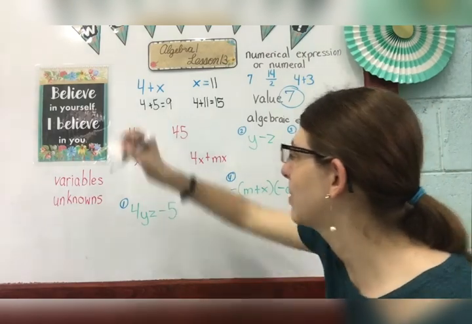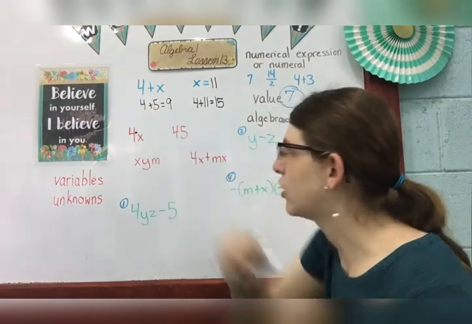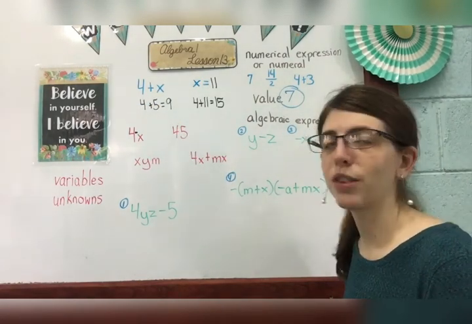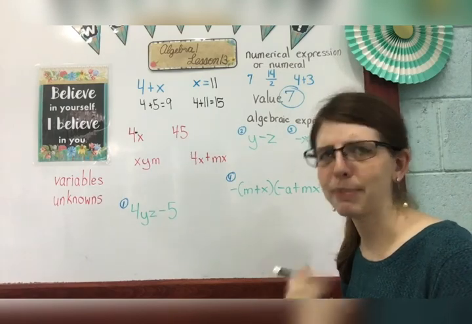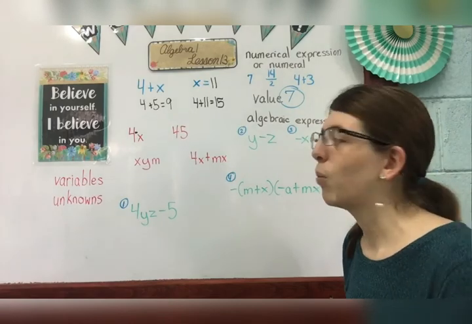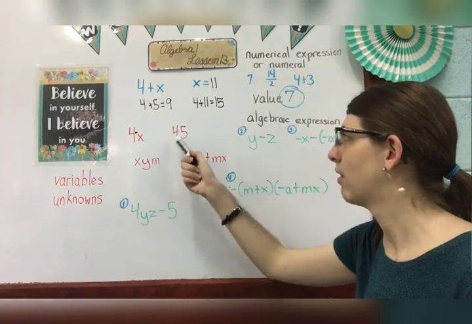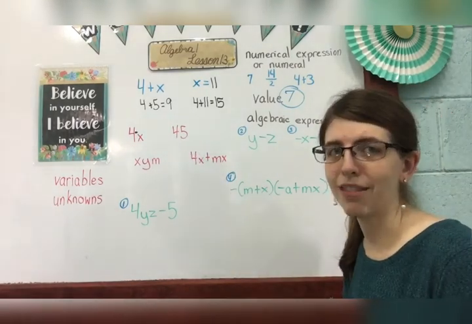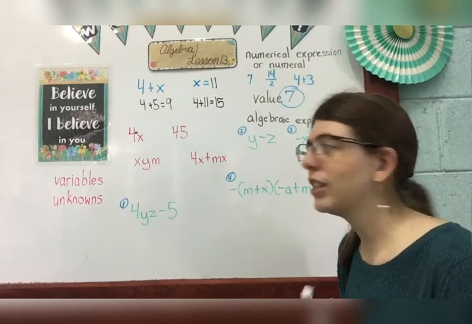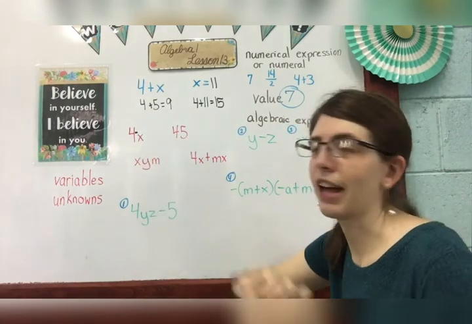It would be the same as if I put a multiplication symbol in there, 4 times x. But I can put them right next to each other. It saves me time, saves me space, saves me extra symbols, and I know that I'm doing multiplication. We can't do that with numbers. 4, 5, we would read that as 45, right? Not 4 times 5. So we can only do that with a number and a letter, but not with two numbers.